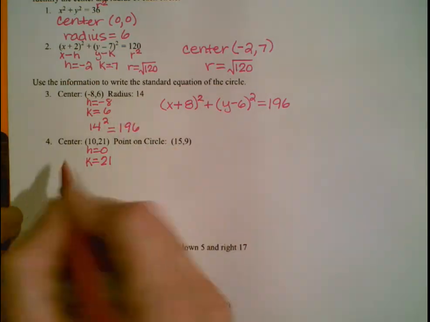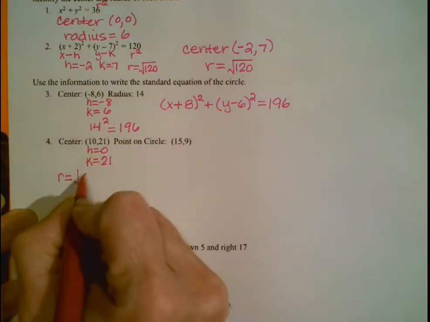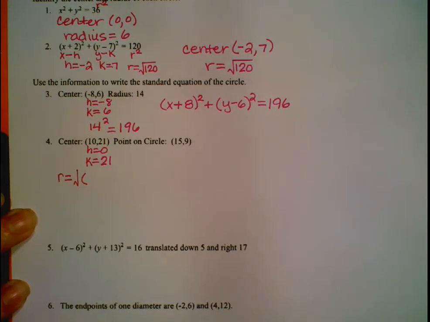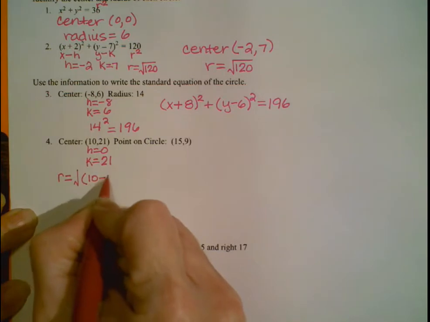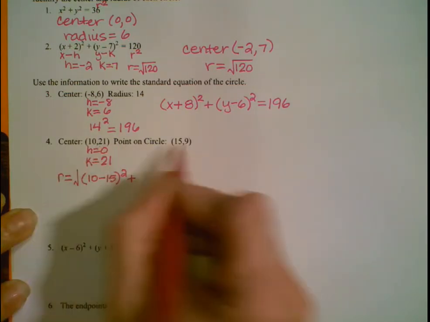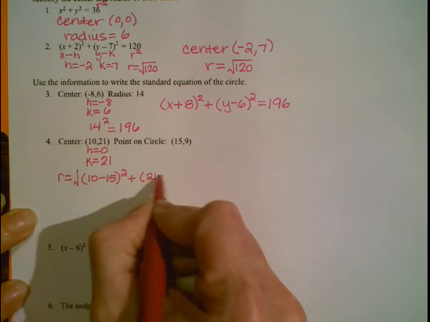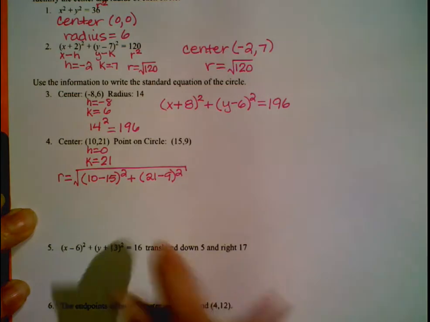So our distance formula, r is the square root of, take the difference of the x terms squared, 10 minus 15, quantity squared, plus the difference of the y terms, 21 minus 9, quantity squared, and all of that's under our square root.